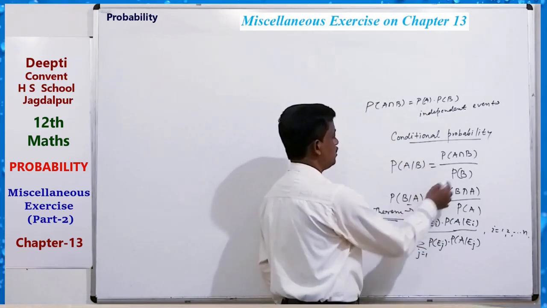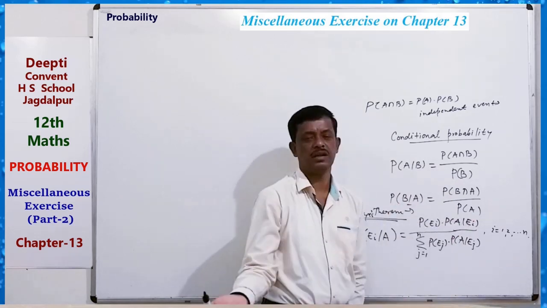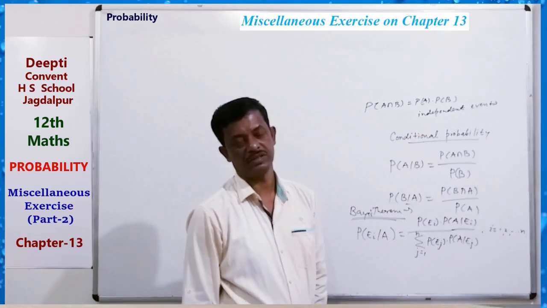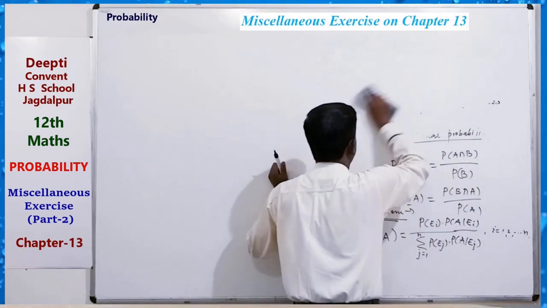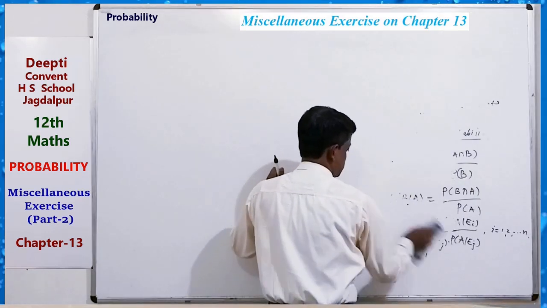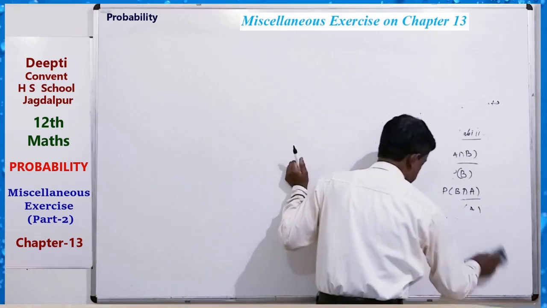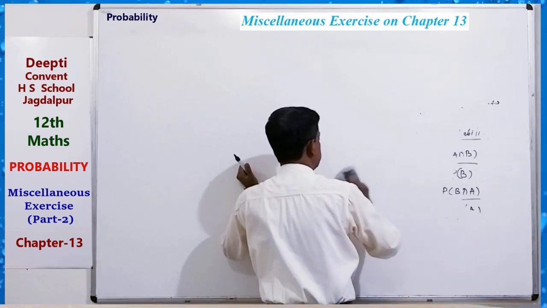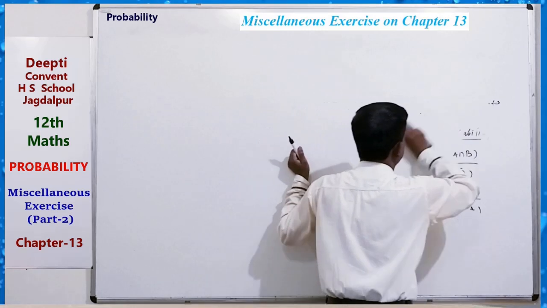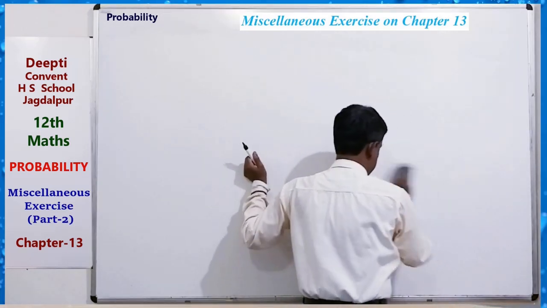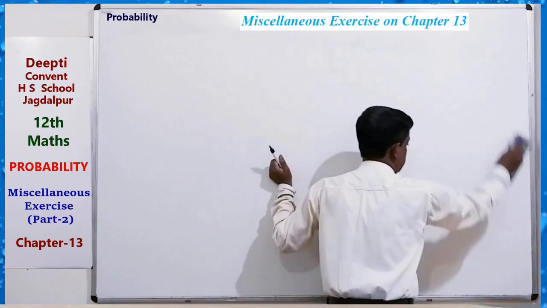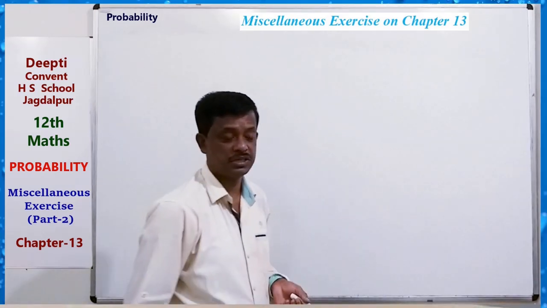So these are the basic formulas for solving the questions of this chapter. Also, the basic thing you have to understand is to study the chapter very deeply, then you can solve questions by yourself.